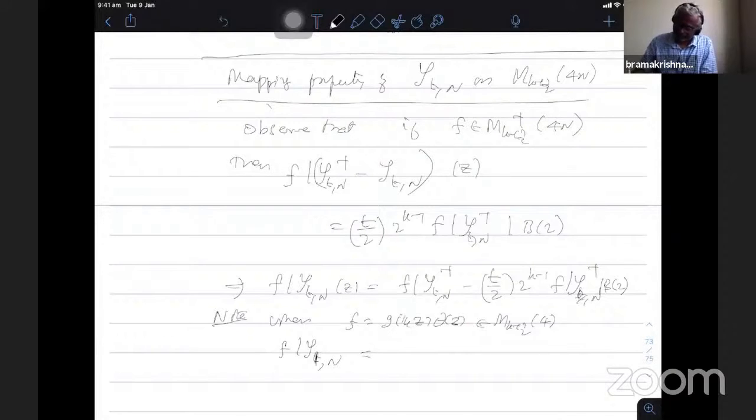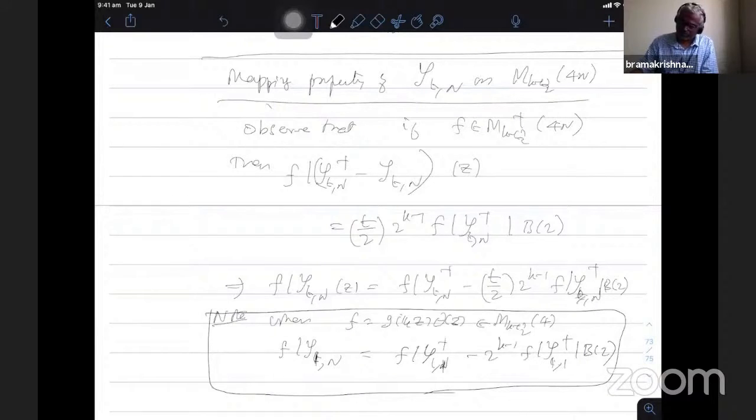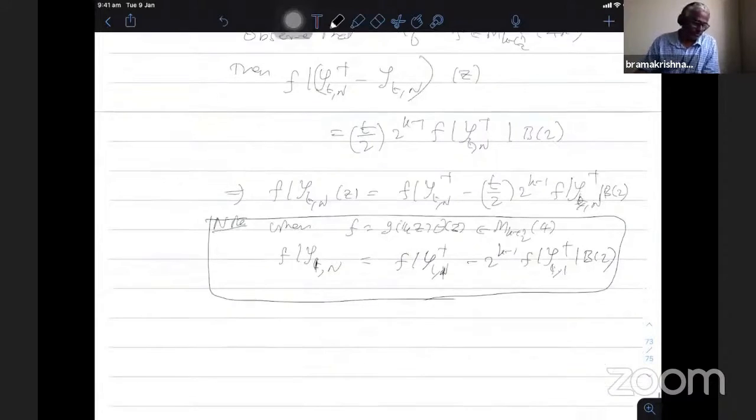So that is exactly f bar S_{1,n}^+ minus, for t equal to 1, (1/2^{k-1}) f bar S_{1,1}^+ bar B(2). So it is exactly following that. Another proof is that one can prove directly using this identity for the cusp forms.